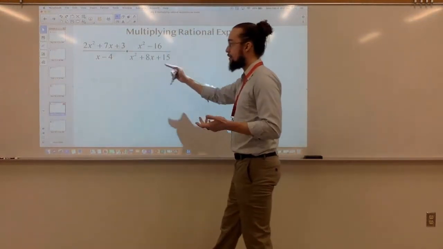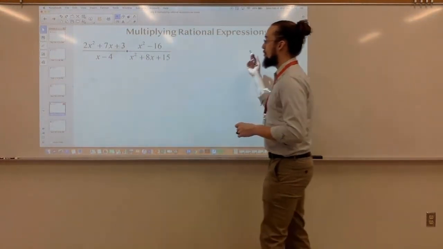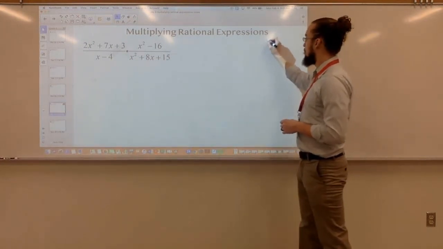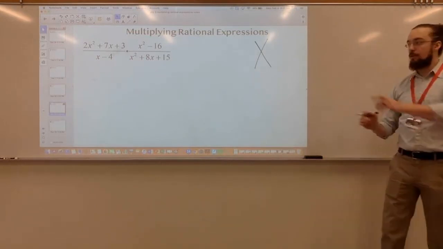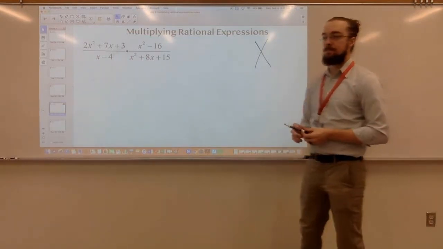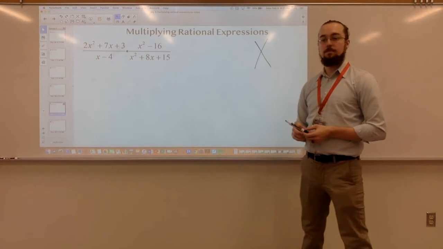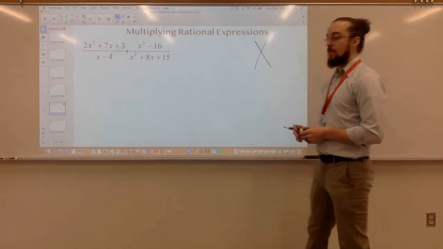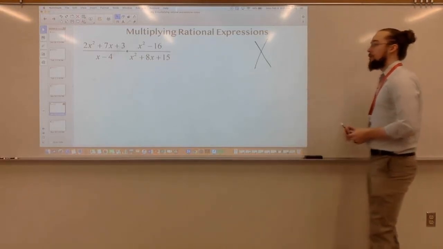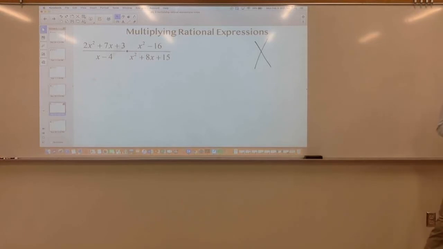So I'll start with this 2x squared plus 7x plus 3, and I'll come off to the side here. I'm going to x factor. How would I start factoring 2x squared plus 7x plus 3?